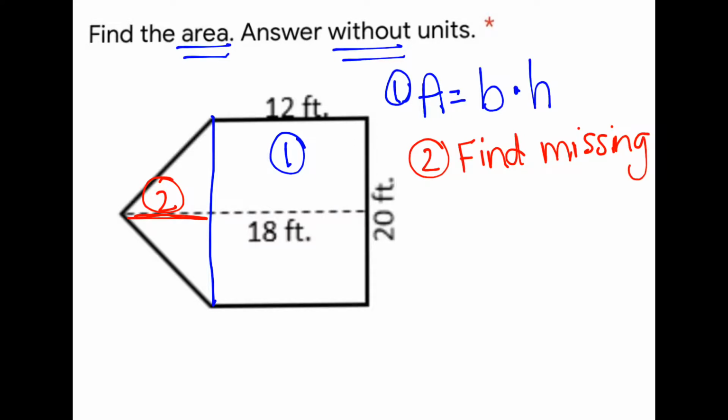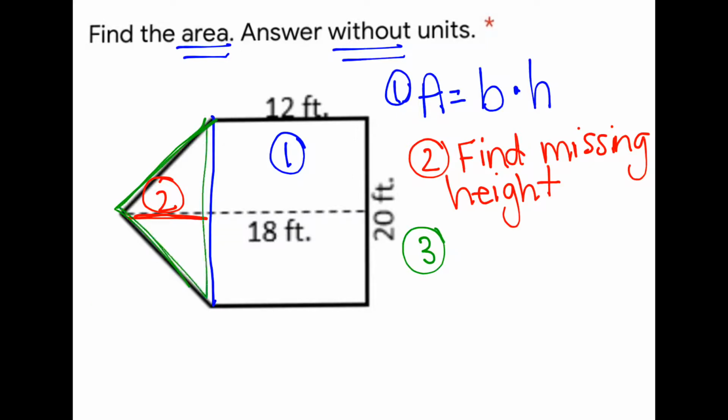You're finding the missing height. And then 3, you will find the area of the triangle. And area is going to equal your base times your height divided by 2.